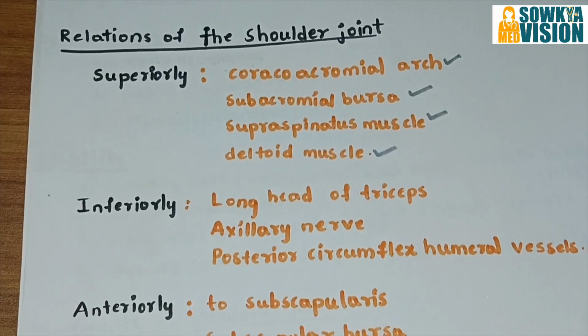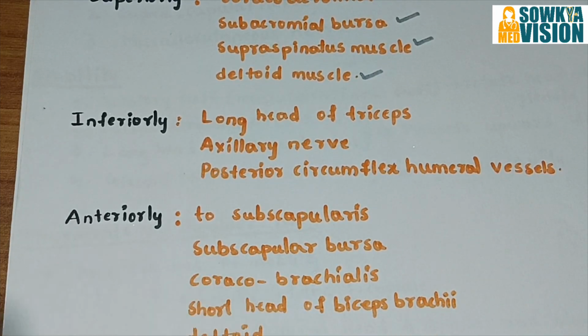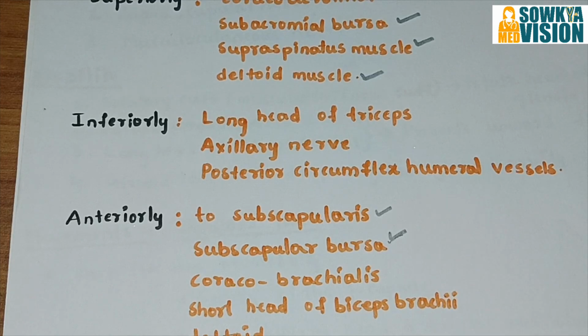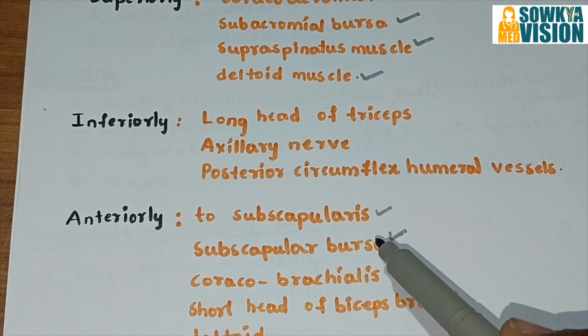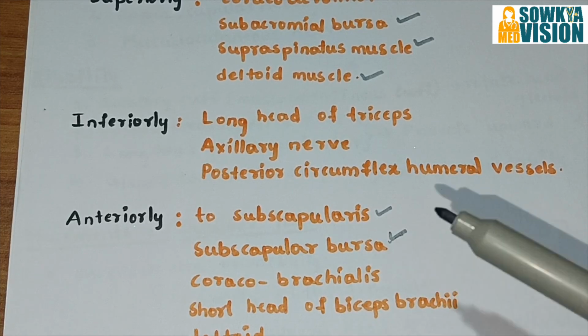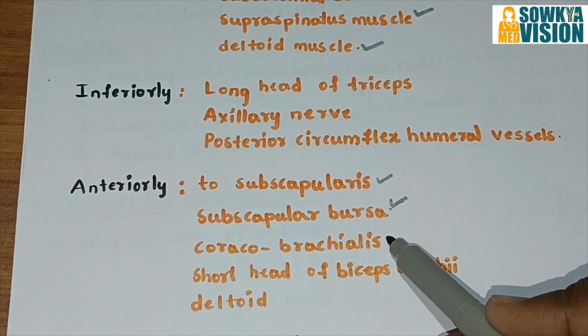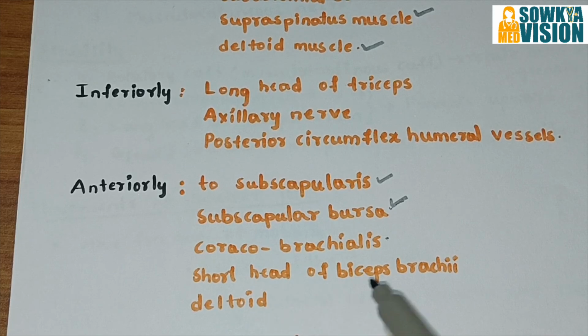Now anteriorly it is related to subscapularis and subscapular bursa. These are the two main structures related anterior to the shoulder joint. Apart from these two, the coracobrachialis muscle, short head of biceps brachii and the deltoid are also related to the shoulder joint anteriorly.